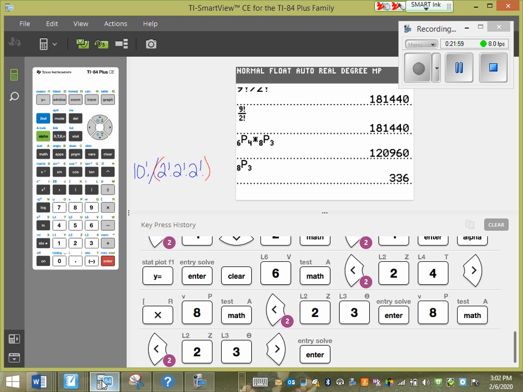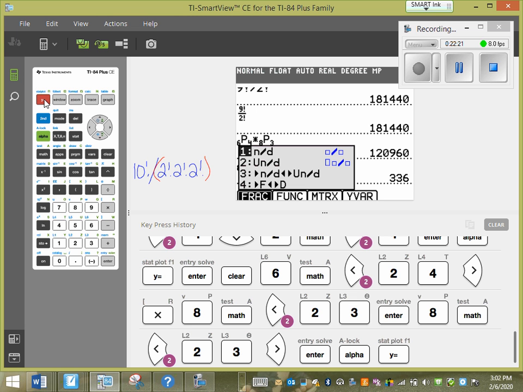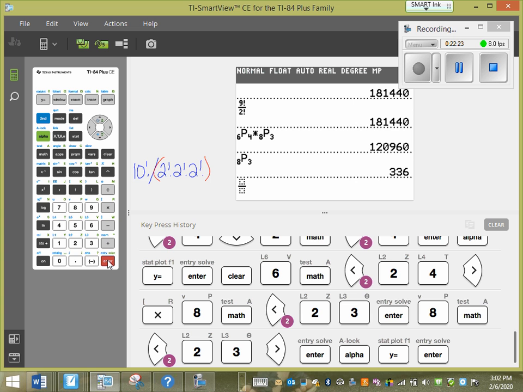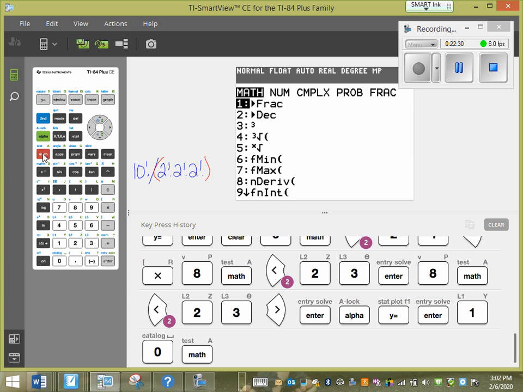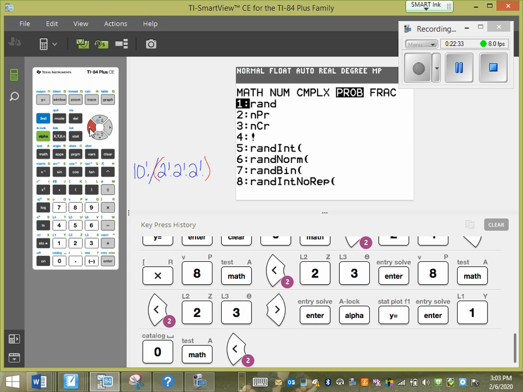Now, if you have any calculator other than the TI-83s, this doesn't work. If you have any other fancy calculator, try this. So we're going to go alpha, following along. Whenever you have a fraction, you better be using this. Unless you have the TI-83s, you don't have this option. So you're going to go alpha, y equals, enter. And it pops up a fraction. Mind blown. So you're going to go 10 math factorial.